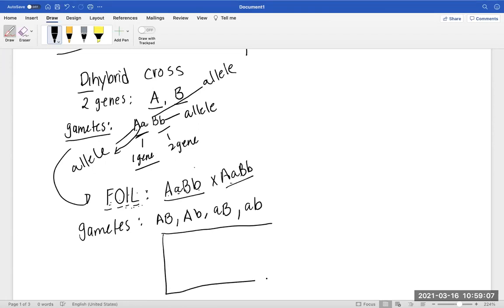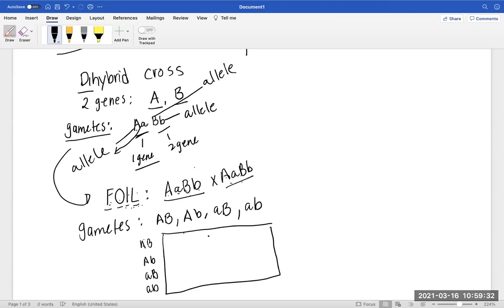You could put these 4 on top, and then the same thing on the side because you're mating with the same parent with the same alleles, or heterozygous parents, just like the male parent here. So you could just put those down here. You don't need to do a separate FOIL method because you have the same alleles here. If it was different, then you would do it again. And then you just do the cross.